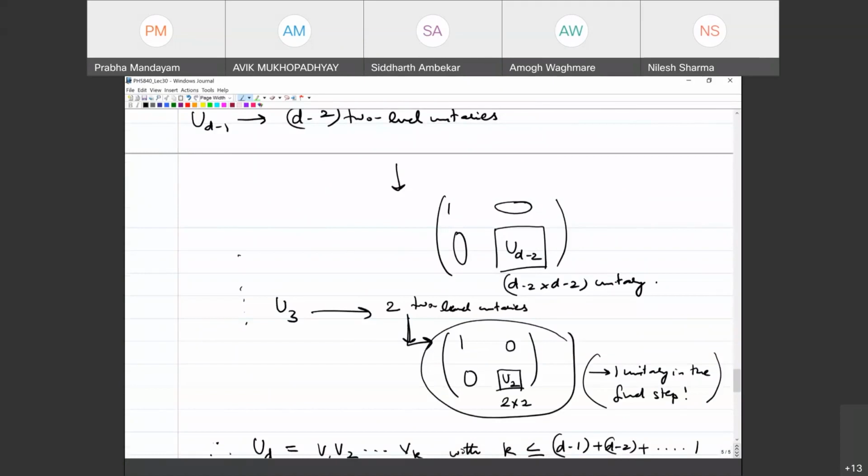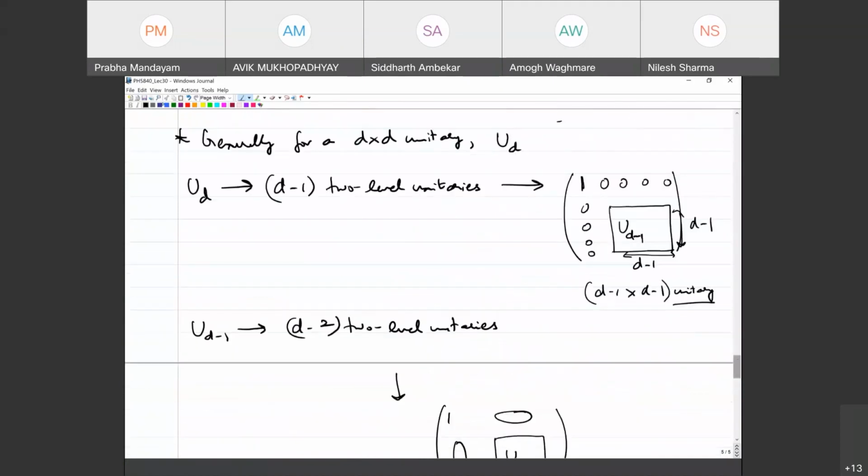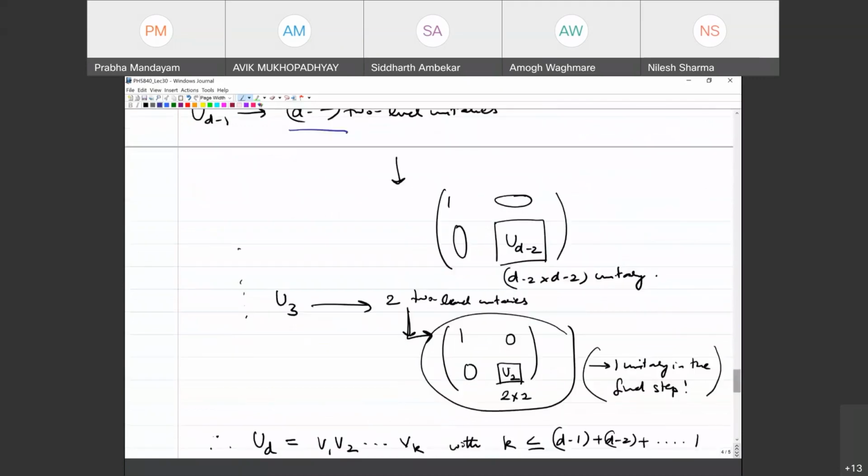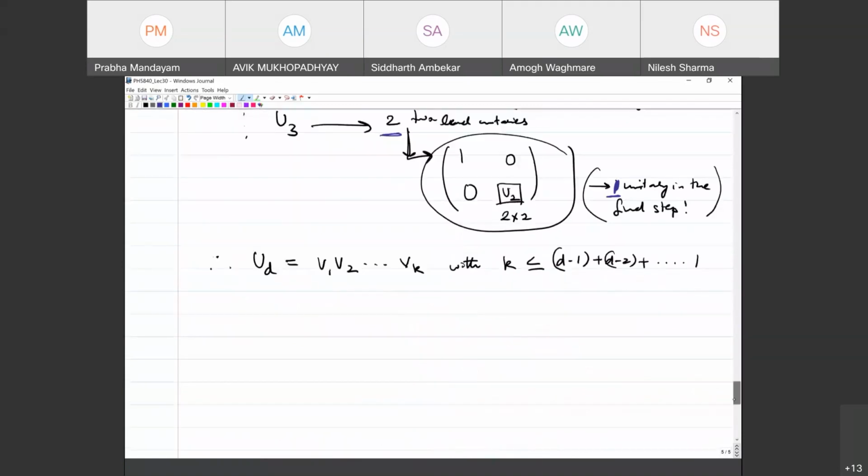So these are the numbers you have to add: D minus 1, D minus 2, all the way down to 2, and then you have to add this final one unitary as well. So that's how you get the sum. And of course, as Siddharth has pointed out, this is indeed D times D minus 1 by 2.